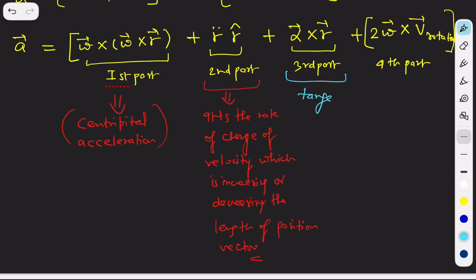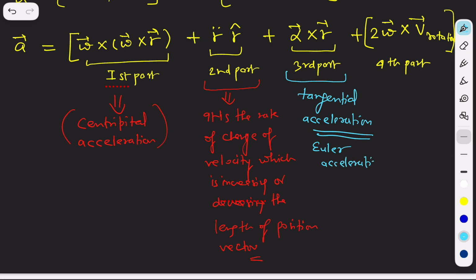When the particle is rotating and covering some angle, the rate at which that rate of covering of angle is changing is known as your tangential acceleration. And this is your third part. This last segment we can also call Euler acceleration, if we want to.